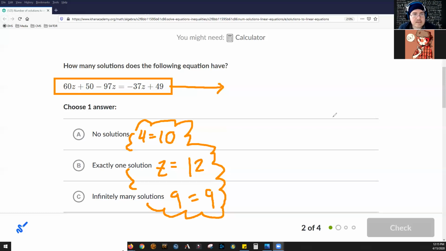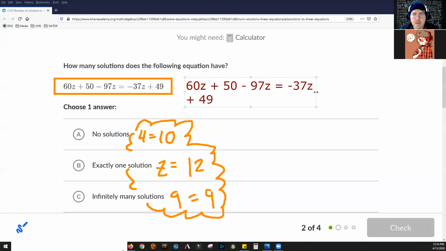Okay, so let's see how insightful we all were with this one. The first thing I'm going to do is type it out. So 60z plus 50 minus 97z equals negative 37z plus 49.